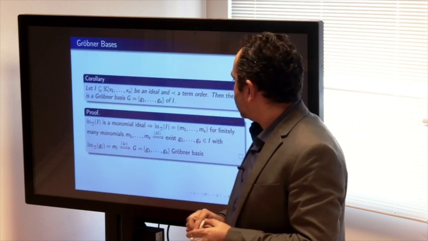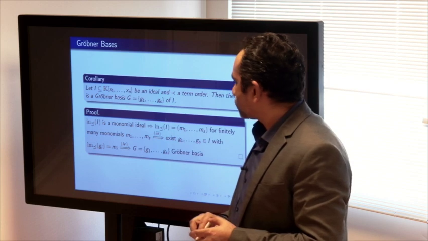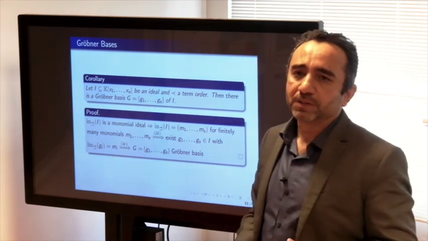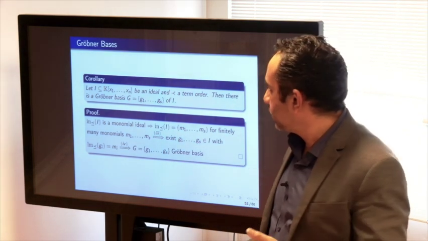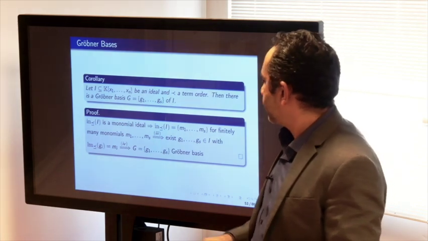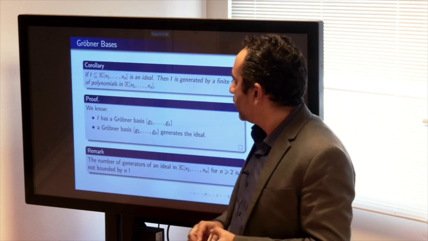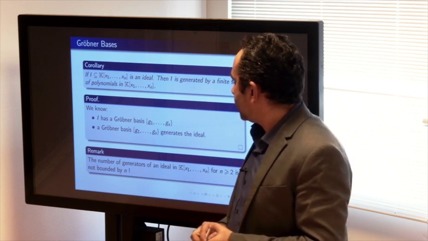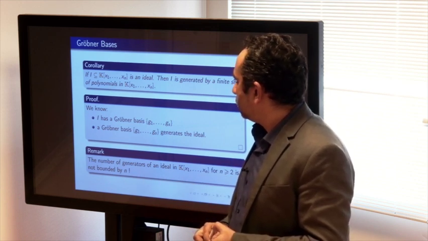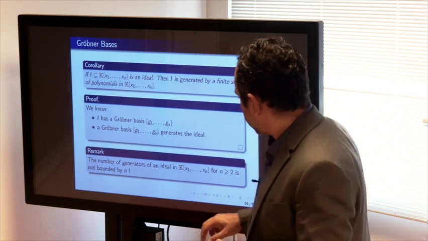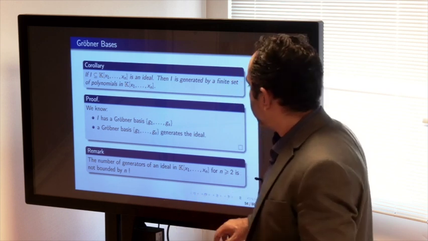The next result says that there is always a Gröbner basis G of a given ideal. Again the proof is there, you can just go through it. And the next result is just another consequence of the Hilbert basis theorem.